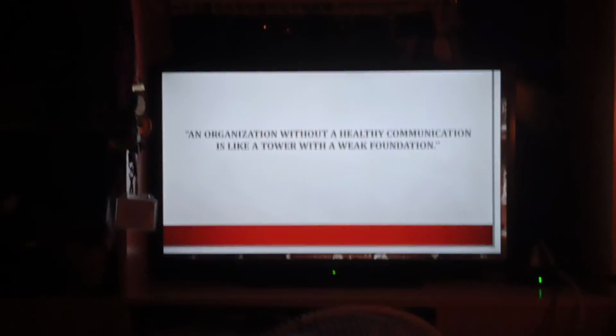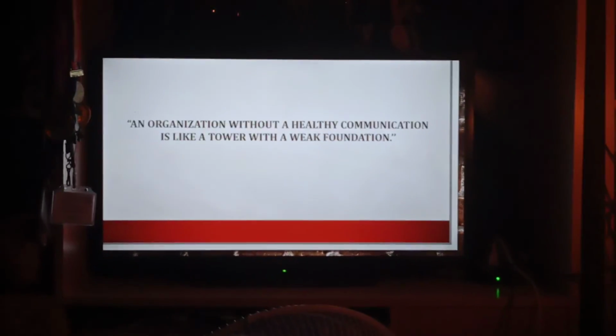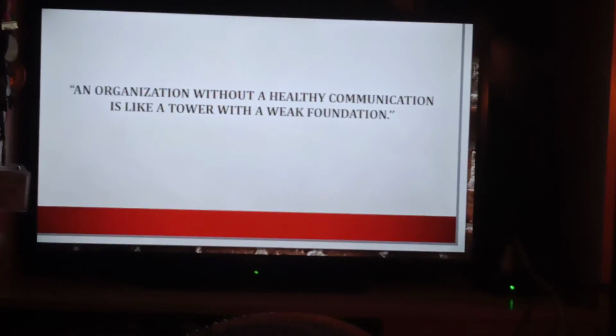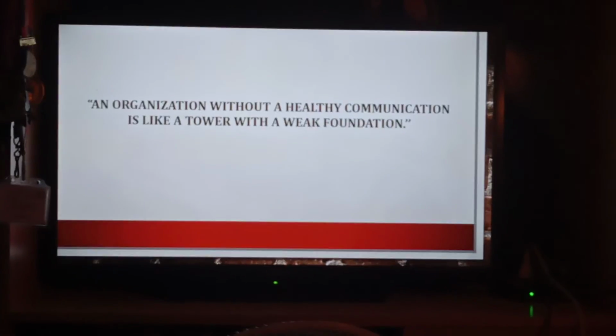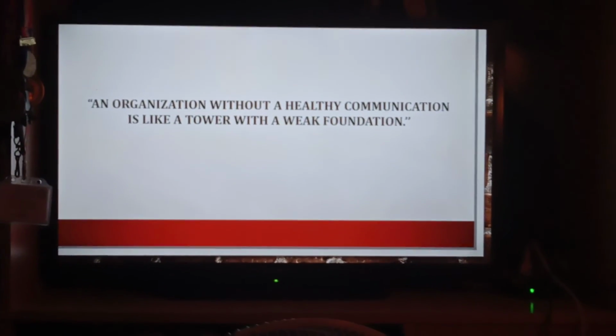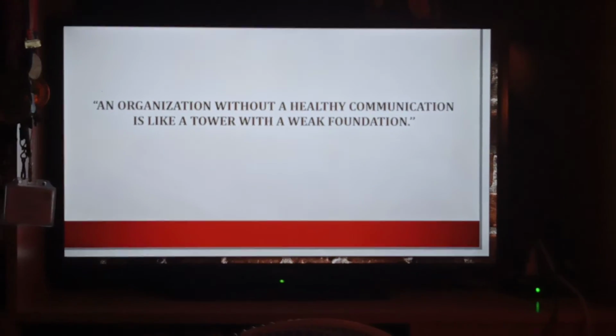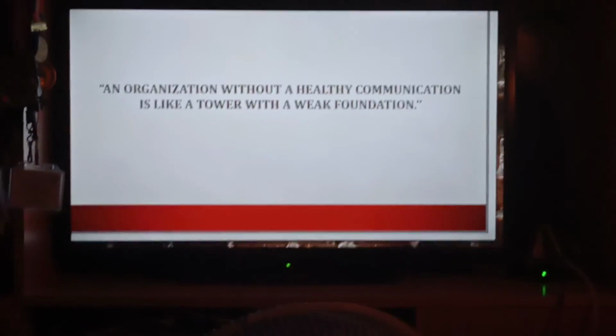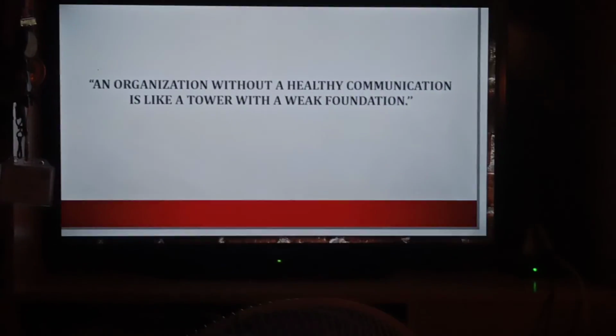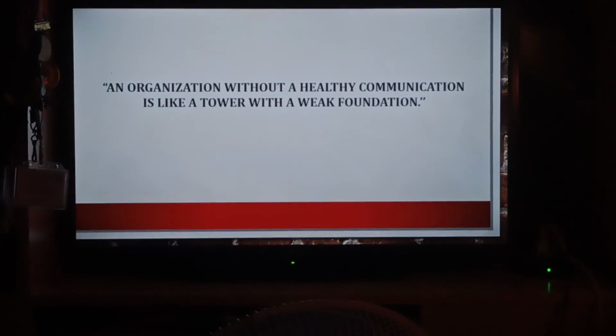Before I end this lesson for the day, do you have any questions? If there is none, I want you to leave with this quotation: An organization without healthy communication is like a tower with a weak foundation. Meaning to say, an organization needs healthy communication.